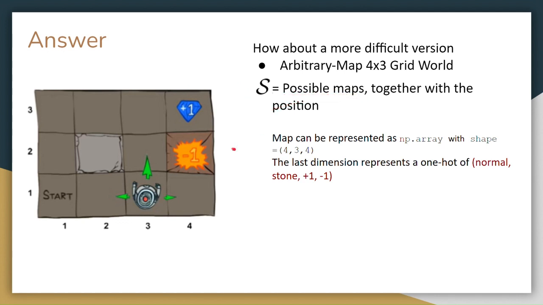So in addition to the current position 0 to 11, just like last time, the environment also has to send this map information to you. The map information can be represented simply as a numpy array with shape 4 by 3 by 4. I mean 4 by 3 because we live in this 4 by 3 grid world, right? And this last 4 represents the 4 possibilities of the tiles: normal tile, stone tile, +1 tile, and -1 tile.